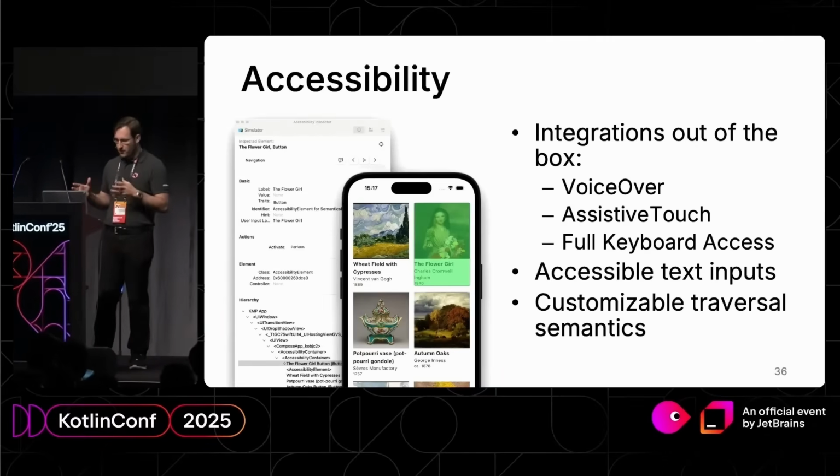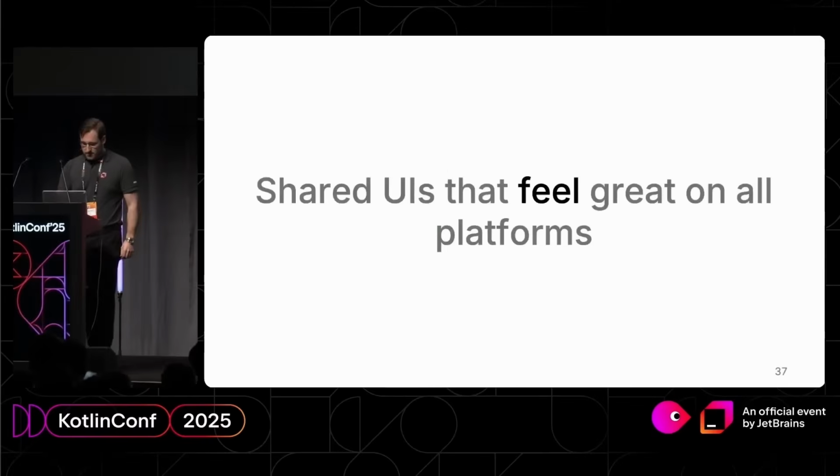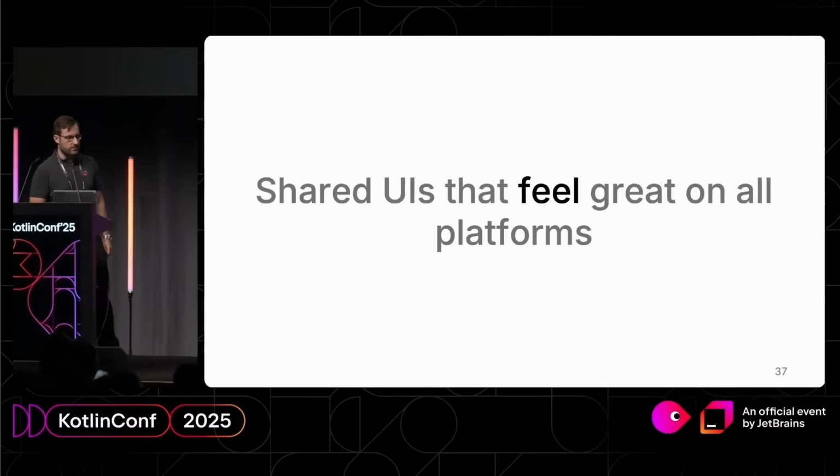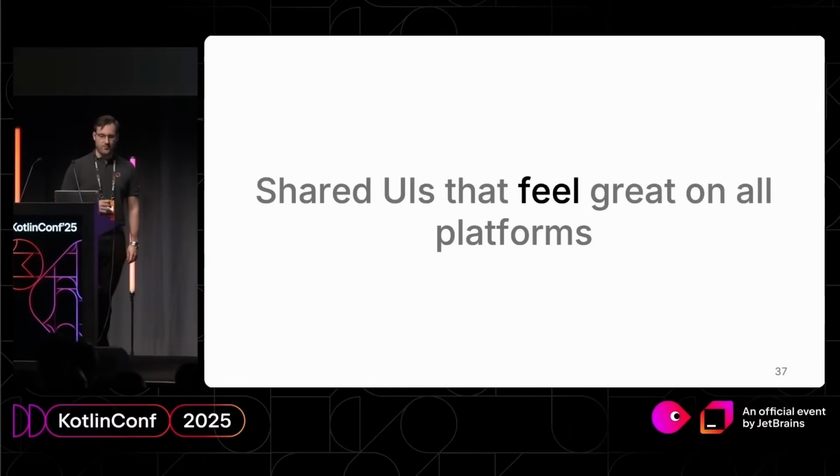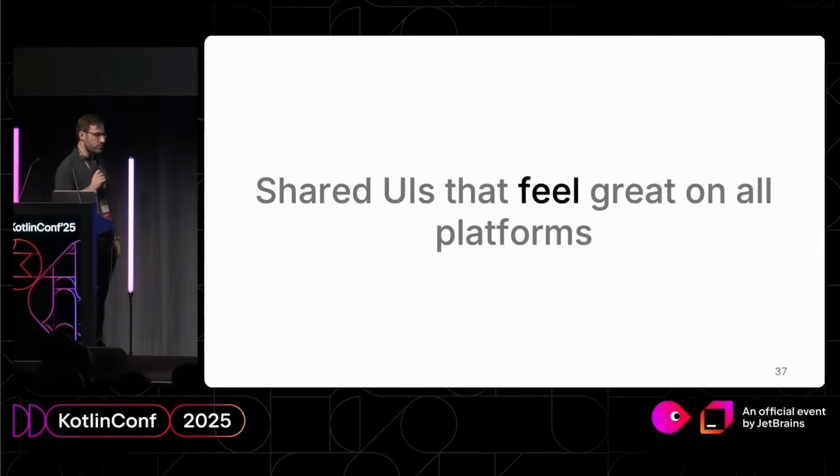So you have full control here. So overall, this allows you to build UIs that hopefully feel great across all different platforms and allows you to match the expectations that your users have when they open your app on iOS or on Android or anywhere else you deploy it.